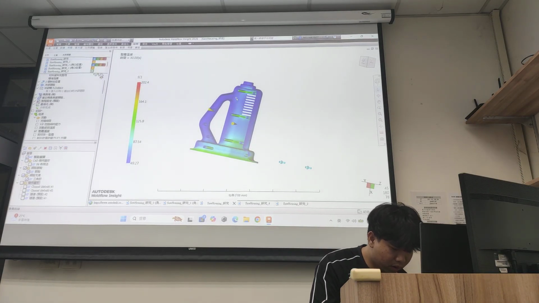This plot shows the bulk temperature at the 30-second mark. The highest temperature is 202.4 degrees Celsius, mainly concentrated in the deeper section and near the gate.